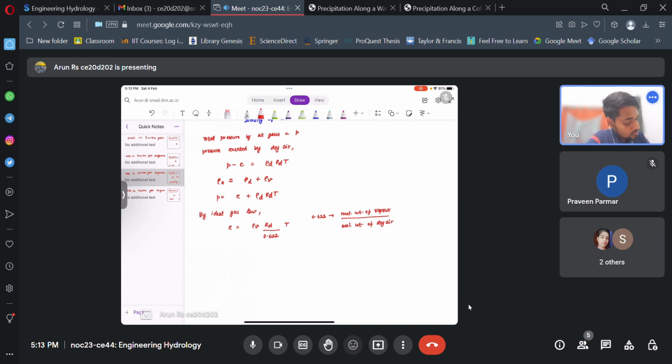So substituting the value for E in this particular equation, we take out the common terms.